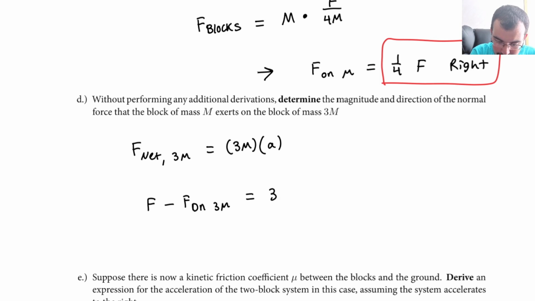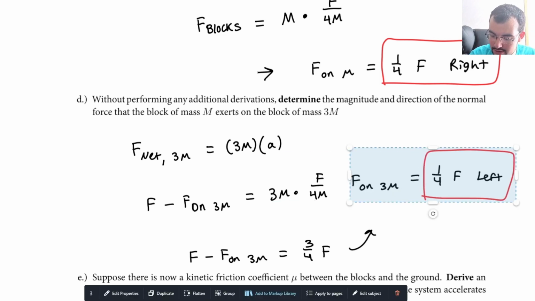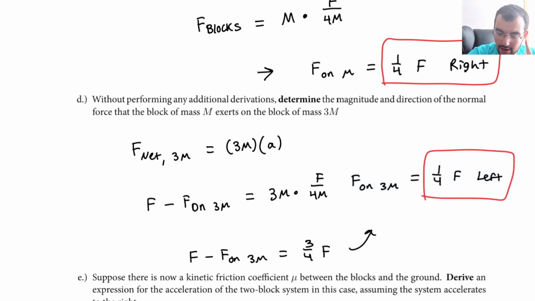That's going to be 3m times the acceleration, which was F over 4m. If we do that, we get F minus F on 3m is equal to 3/4 F. So the force on the 3m is 1 minus 3/4, which is, unsurprisingly, 1/4 F, and we said this force was left. Now, did you have to do this? I really intended you just to do this with the third law: equal yet opposite.